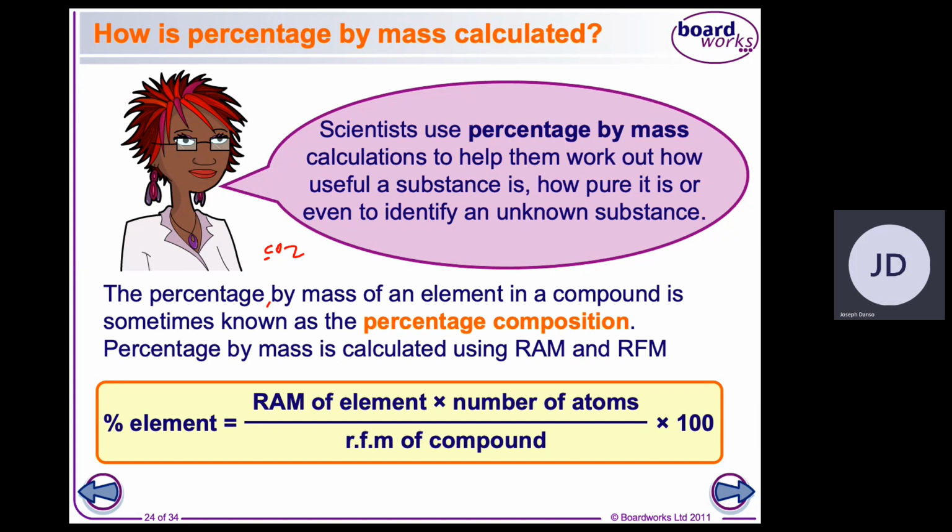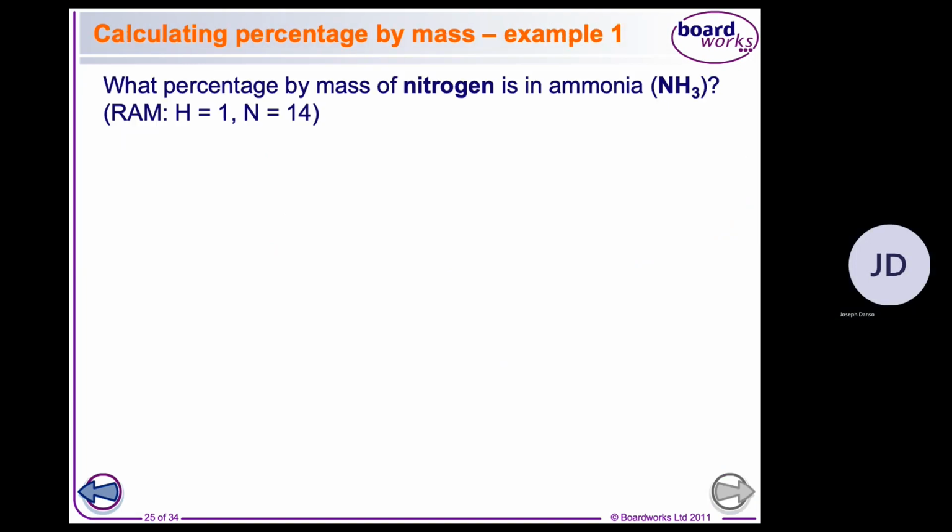So the example I want to use in this situation is nitrogen in ammonia. So calculate the percentage by mass of nitrogen in ammonia, i.e. we want to find out the amount of nitrogen in ammonia.